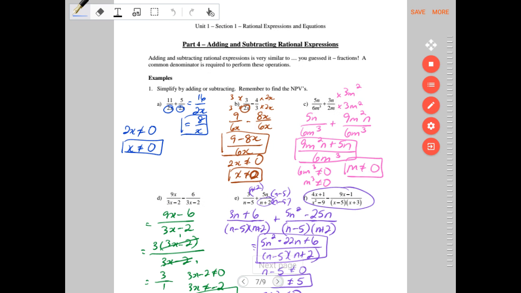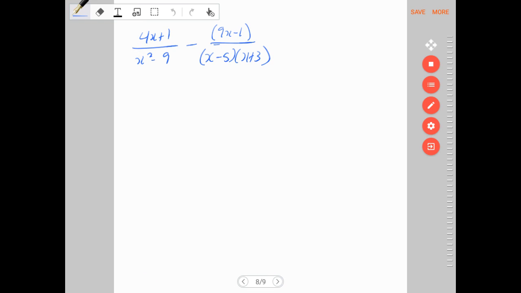Yep, x minus 5, x plus 3. Okay, good. So again, I do not have the same denominator. I can factor x squared minus 9. It is a difference of squares, so that gives me 4x plus 1 over factors two conjugates, so x plus 3, x minus 3, minus 9x minus 1 over x minus 5, x plus 3.